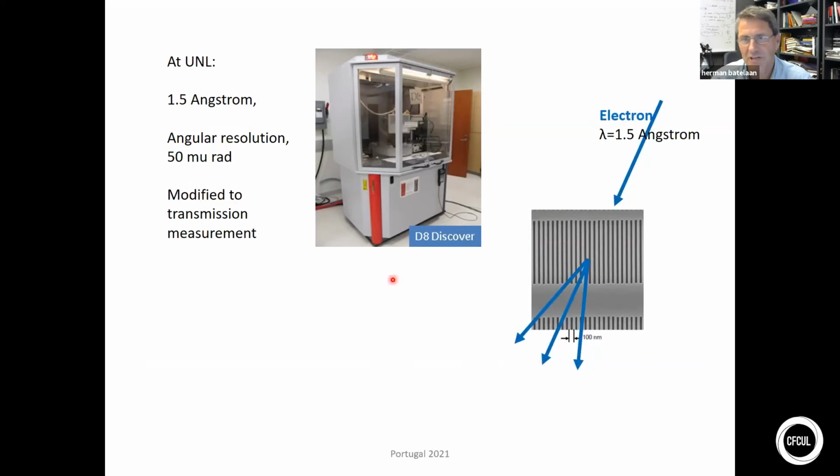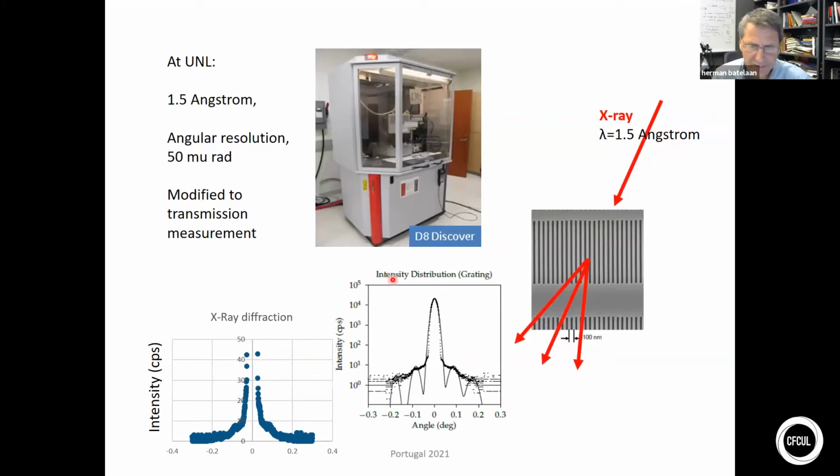So anyway, we switched from electrons of 1.5 angstrom to X-rays, and here is the data. As you can anticipate, most of it goes through. So you have a central peak. Here we scan left to right. You do see the little side order, and here the little side order. It's really, really small.